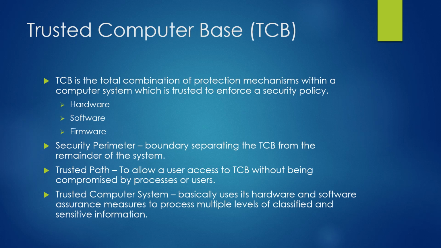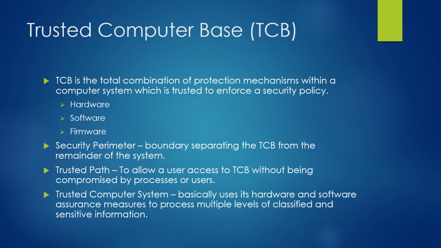Security perimeter. These are boundaries separating the TCB from the remainder of the system. Trusted path. This is to allow a user access to the TCB, the trusted computer base, without being compromised by processes or users.